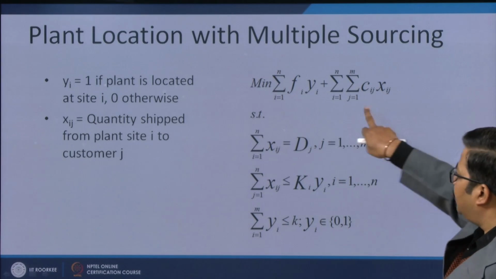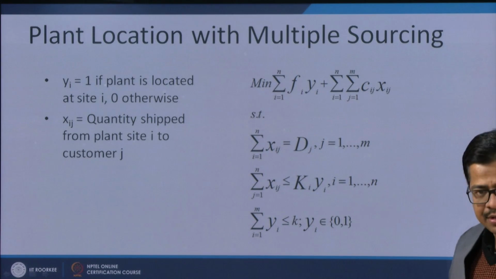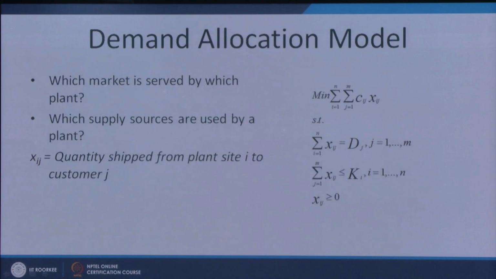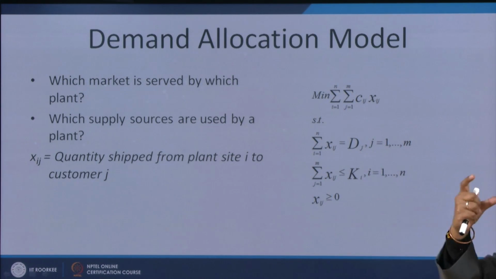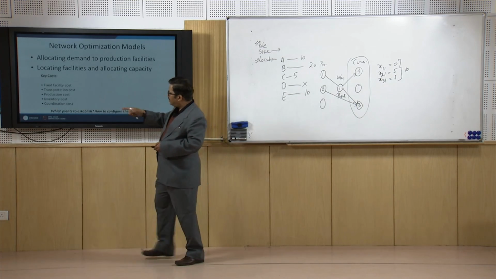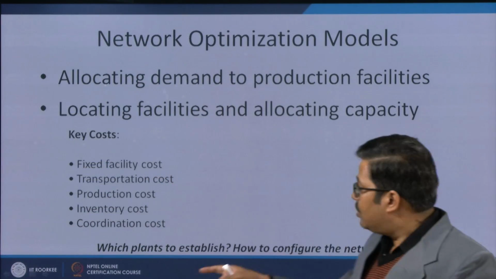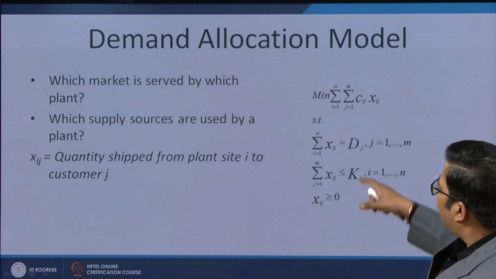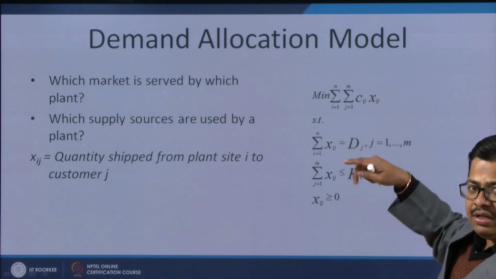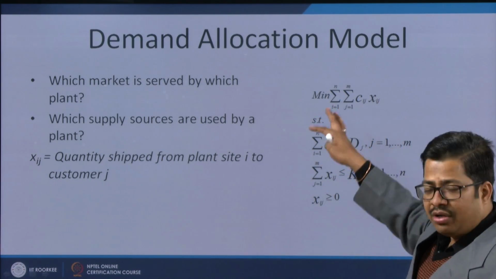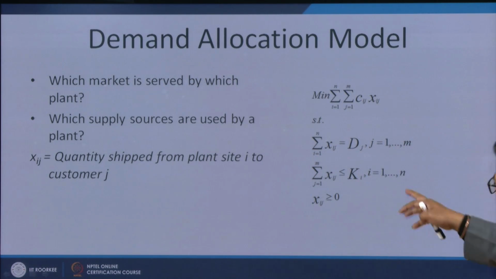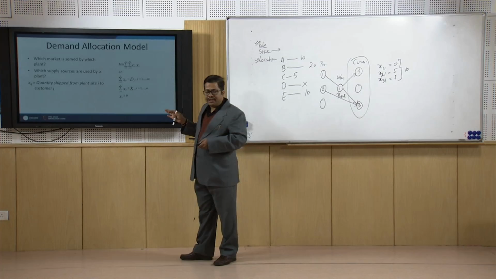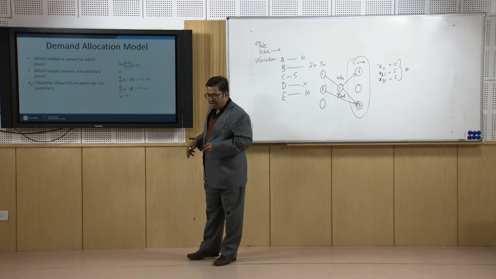So here we want to minimize. In the last model, we did not consider the fixed cost. We discussed the fixed facility cost. In that model, we are only allocating the demand, and we are only bothered about the transportation cost, but we didn't consider the fixed facility cost in that particular model.